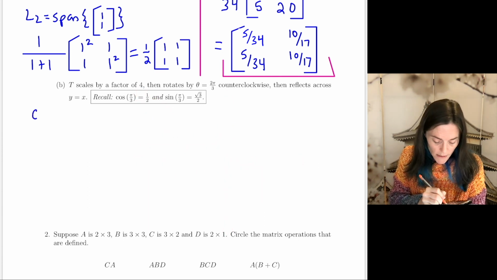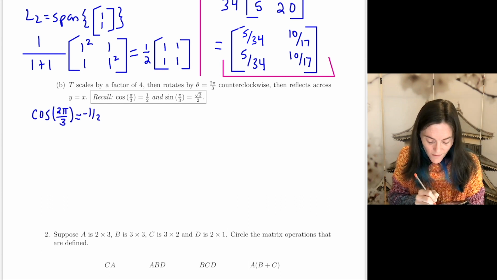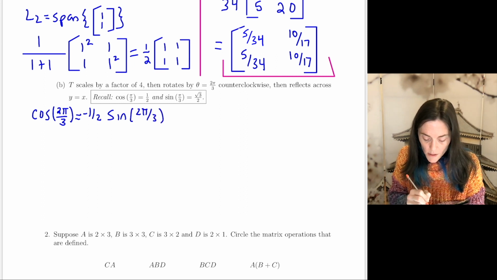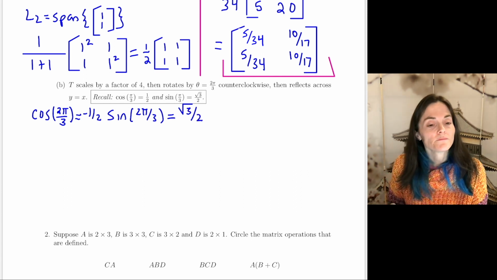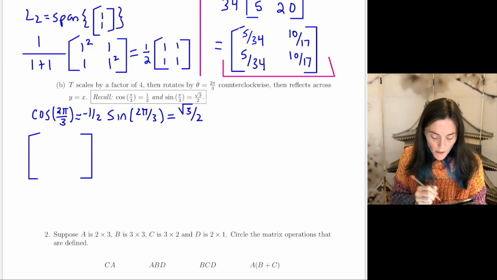So let's write this. Cosine 2 pi over 3. The cosine is negative here, so this would be negative a half. And the sine of 2 pi over 3 is square root 3 over 2. We must be able to use reference angles here. Now we can write down this matrix for the first part.